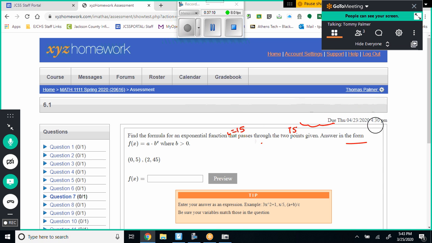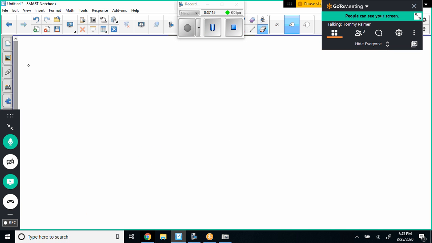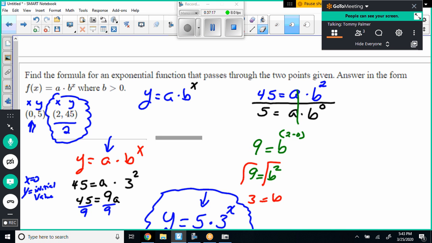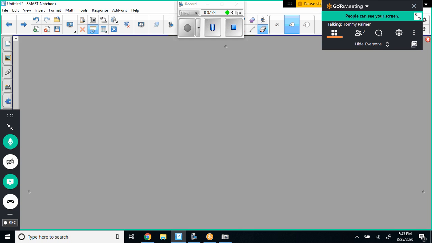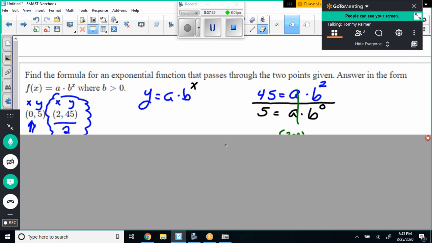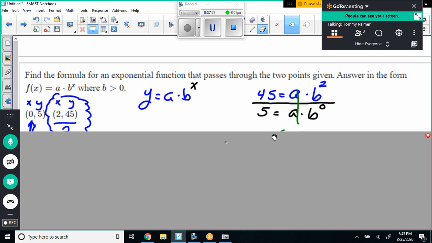We have gone through it, and let me go back to it. Let me show you number 7. Here it is. Let me block some of this stuff out. When you're going to have to write an exponential equation, they give you 2 points.